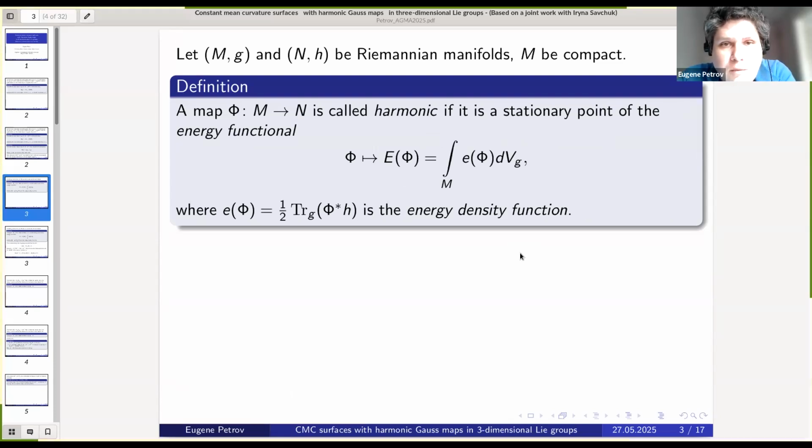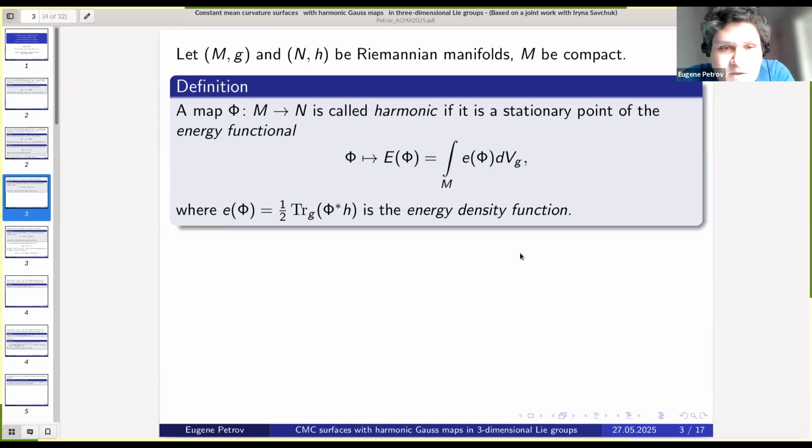Let us recall what harmonic maps are. The basic definition is as such: if we have a smooth map from a compact Riemannian manifold to some other Riemannian manifold, we can consider the energy function.